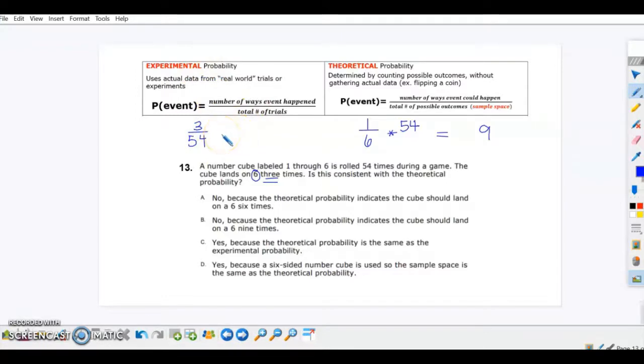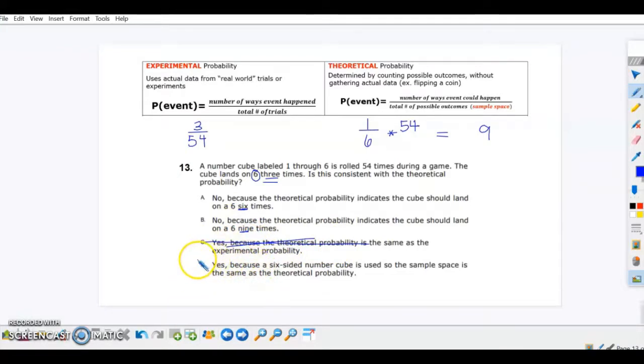So let's think about if that is consistent, meaning is that close to the theoretical probability? Well, let's look at the answer choices. No, because the theoretical probability says it should land 6 times. No, because it should land 9 times. We know they're not the same.